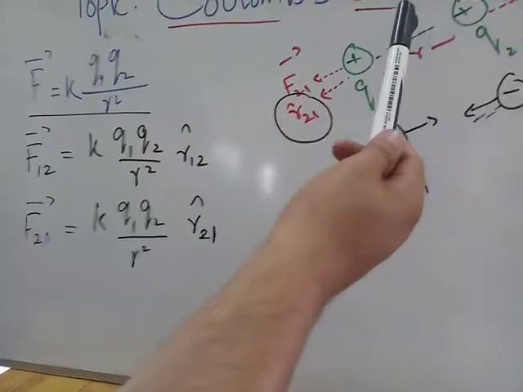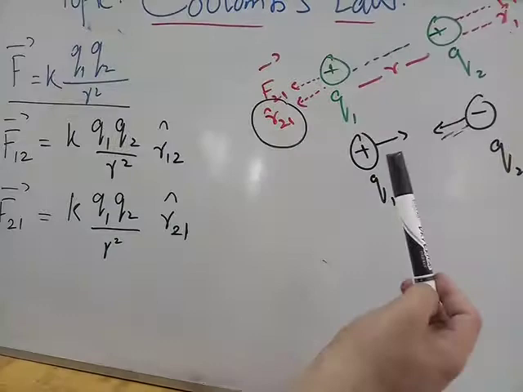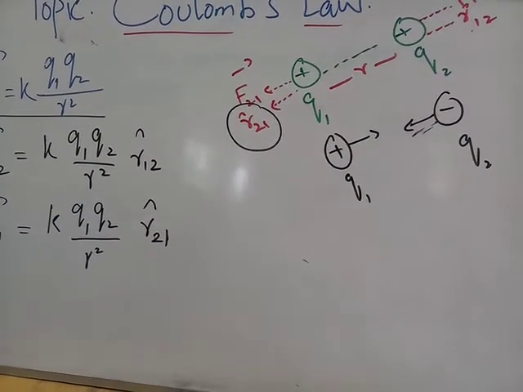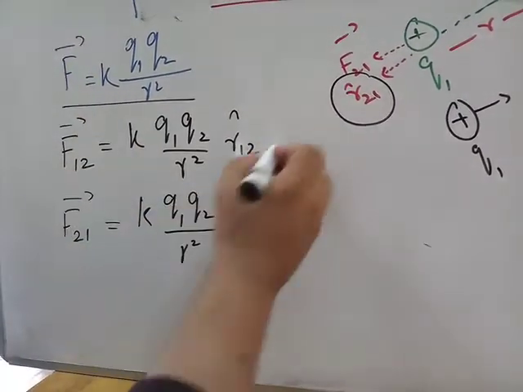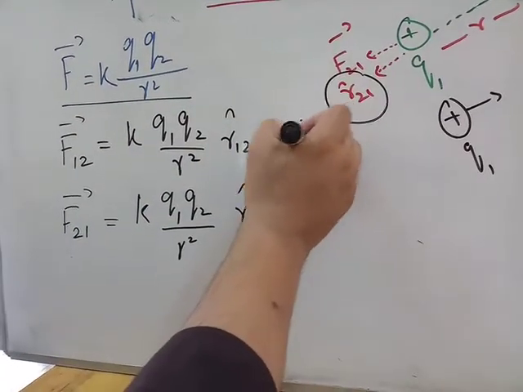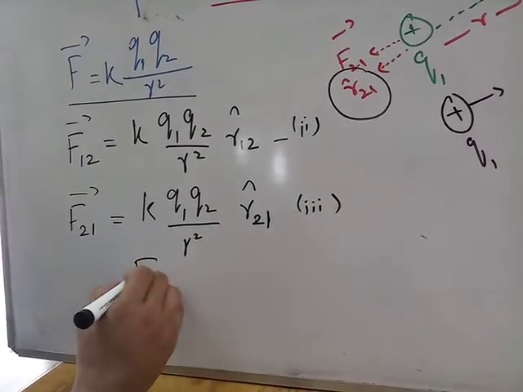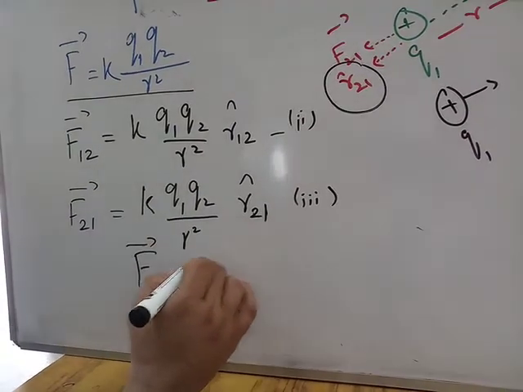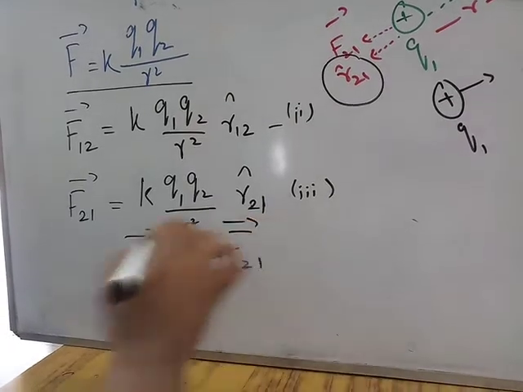F12 means Q1 is applying force on Q2, and both charges are applying force towards each other. So by Newton's third law, we can say that equations 2 and 3 give F12, which is equal but opposite in magnitude to F21.